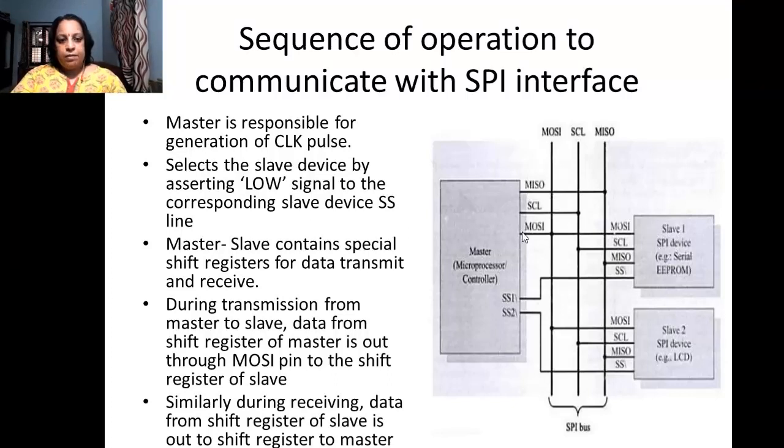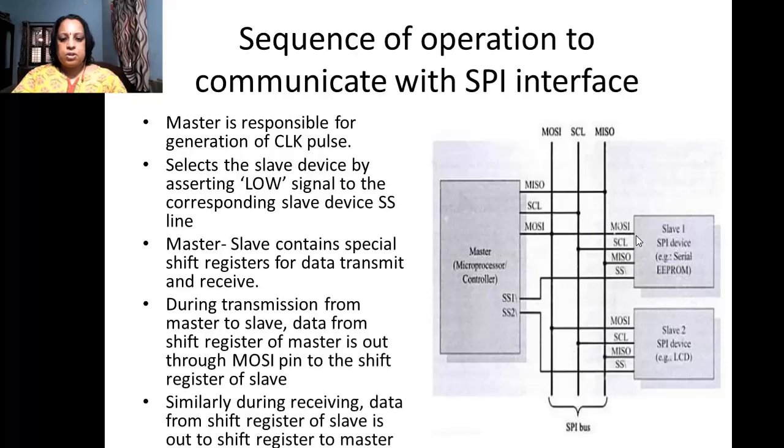What is the line that will be used here? We have to use the line master out slave in, because we are sending from the master to the slave. So the data transfer will occur over the MOSI line, from the shift register of the master to the shift register of the slave.